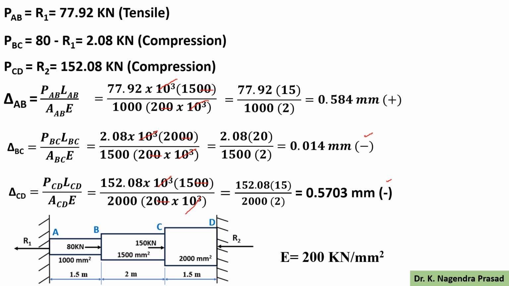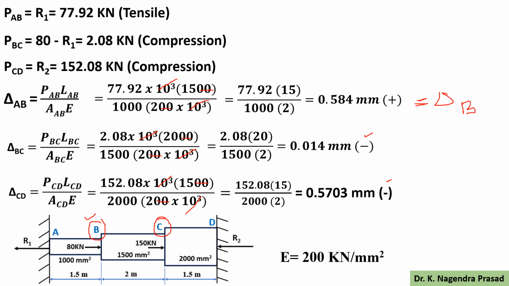Next we determine the displacement at point B and at point C. The displacement at point B is equal to the deformation of portion AB, which is the extension, so delta B equals 0.584 mm.